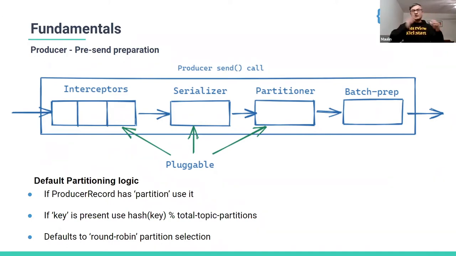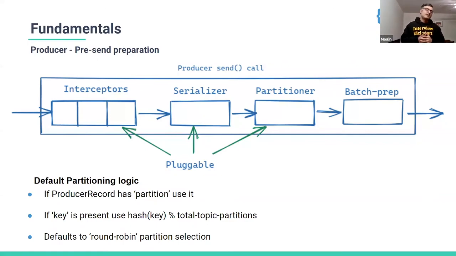Once those are all invoked, it goes to a serialization phase, which is also a pluggable interface where you can define your own serialization, which will convert your custom type to bytes.